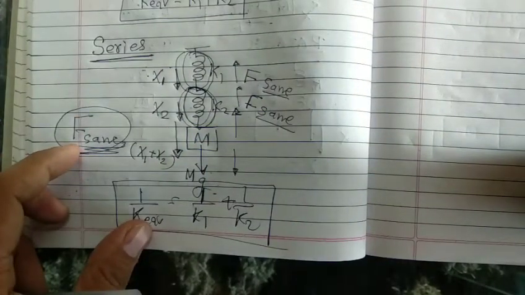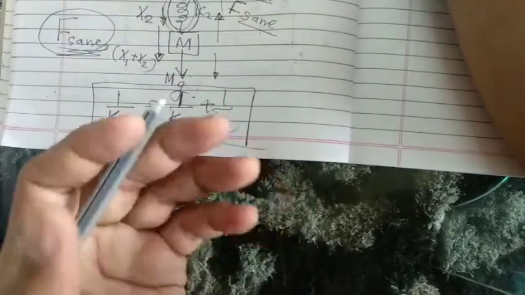In series, the restoring force must be the same. So this K equivalent I am not proving. I am leaving it as an exercise for you. You try to prove this formula. If you are not getting the proof, you can ask it as a doubt.